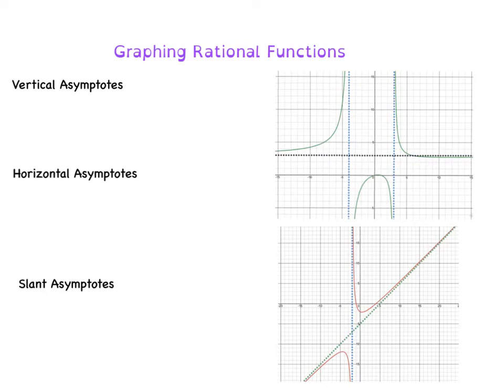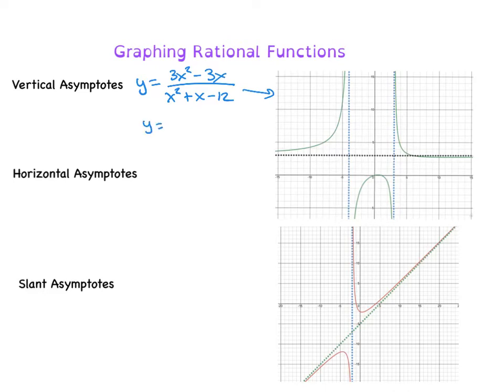So let me explain where these asymptotes come from. This first graph has the function y equals 3x squared minus 3x over x squared plus x minus 12. That's what our first graph looks like. And what I want you to notice about both the numerator, but more importantly the denominator, is that these factor.